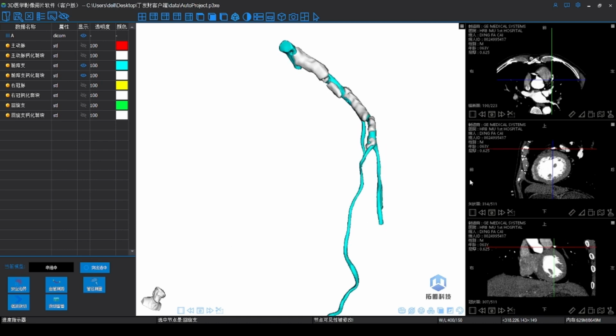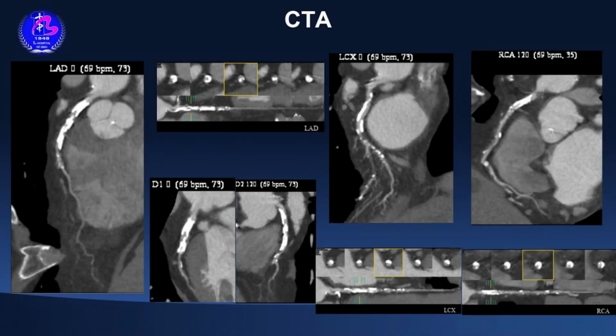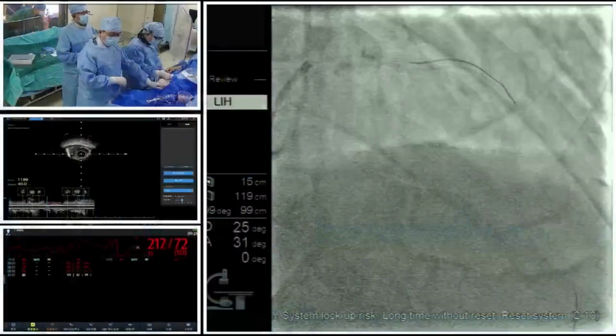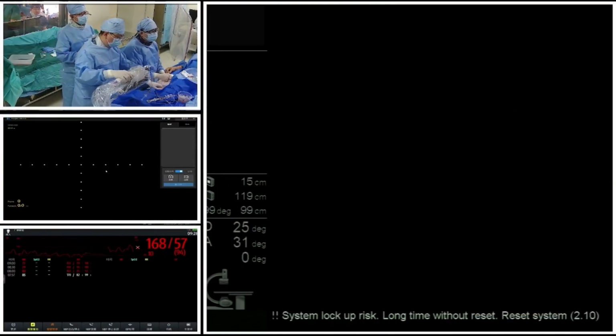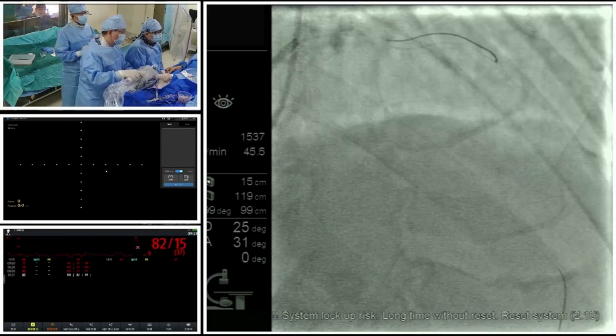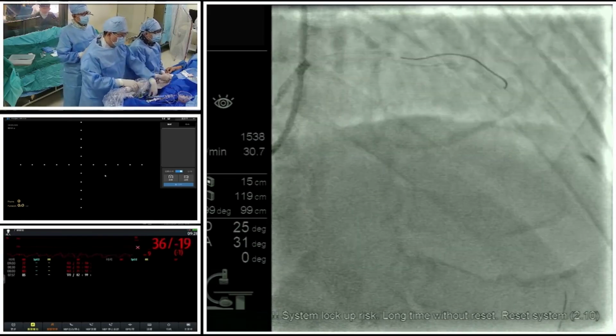That's all. Thank you. All right, thank you so much, Dr. Wang. I think the 3D reconstruction of the coronary artery is super important. From this image, we could see the patient has a lot of calcification, especially in the LAD, and in the most severe part, I think the angle is over 270 degrees.